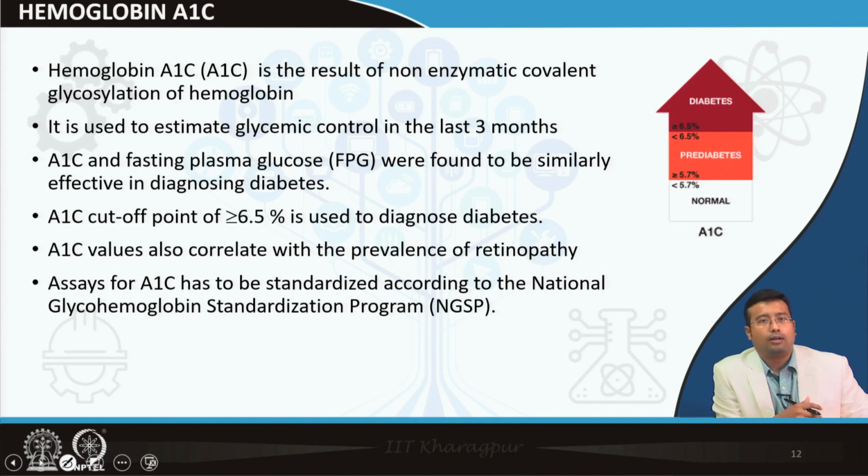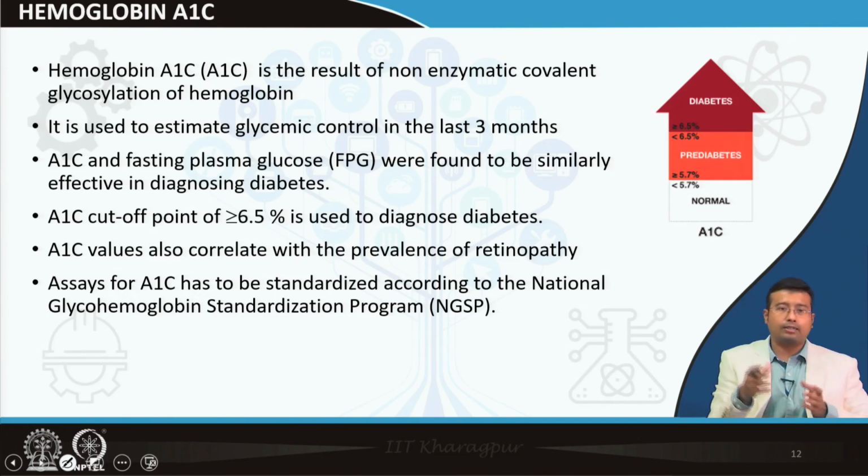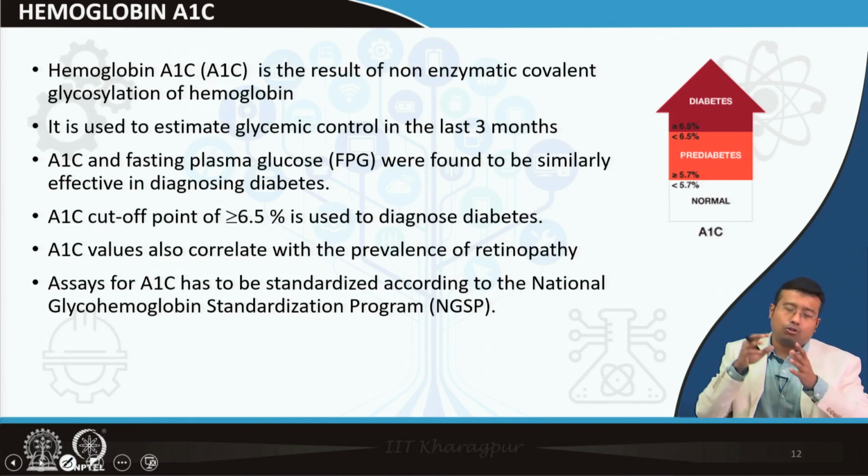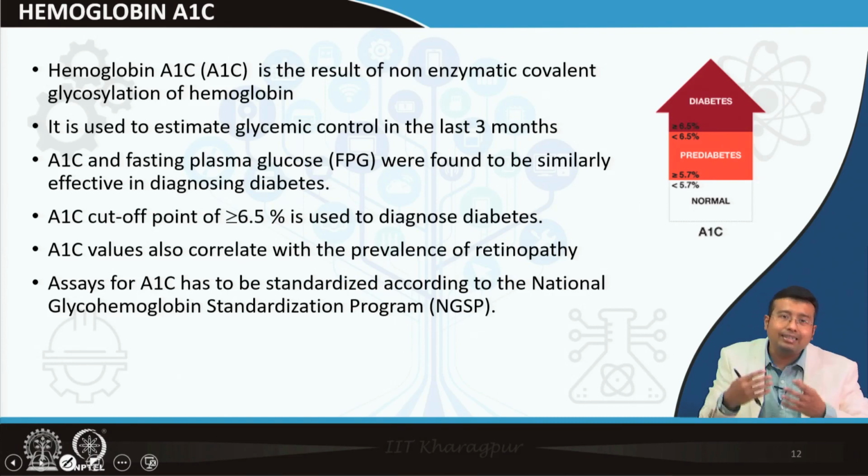Now, regarding another parameter that we just discussed, that is hemoglobin A1C or HbA1c. What is HbA1c? You see, whenever there is glucose in the system, it has a tendency to attach to any non-carbohydrate molecule, right, that is known as glycation, and that corresponds to the amount of blood glucose that is present.